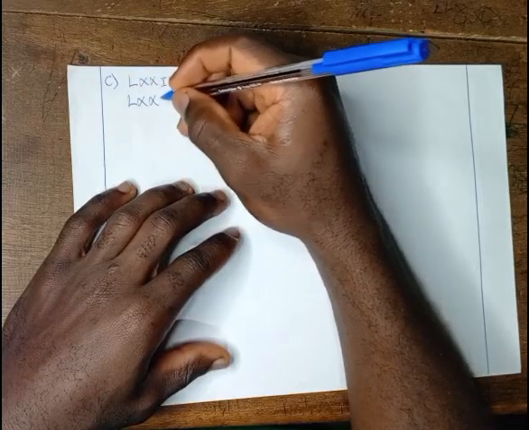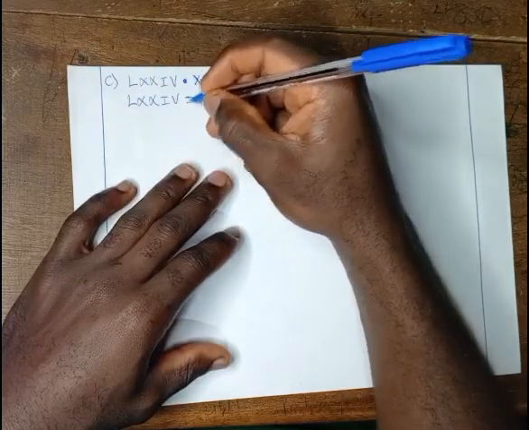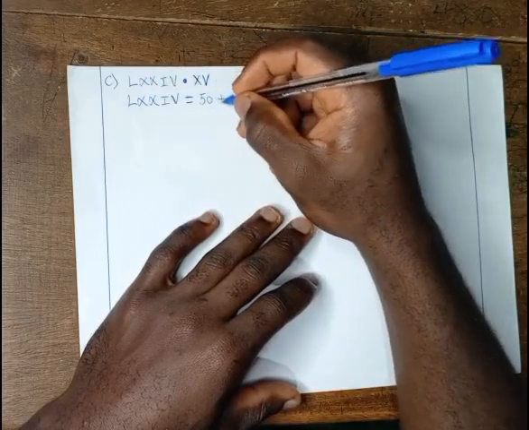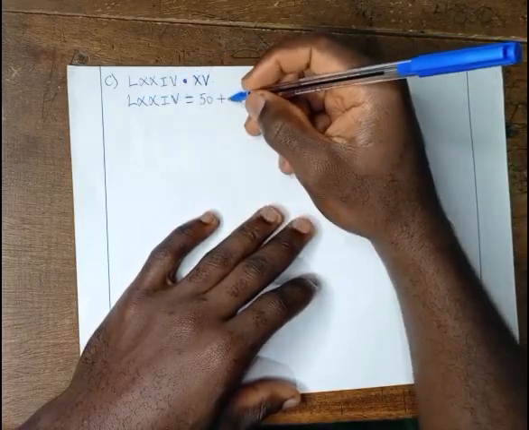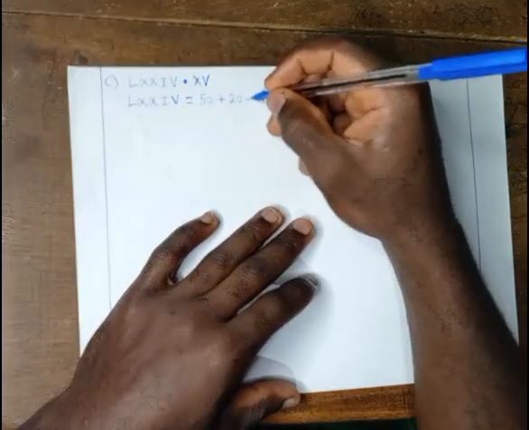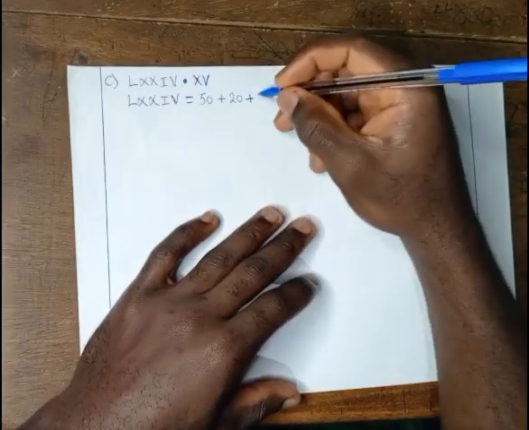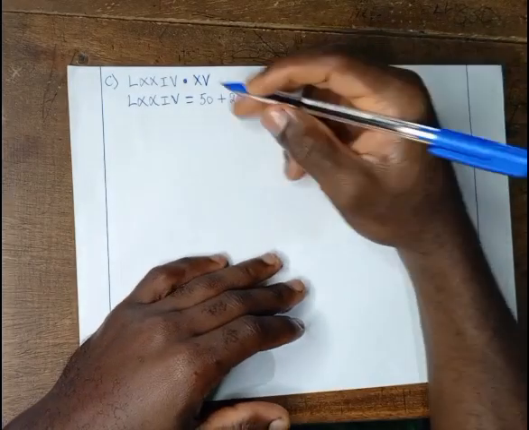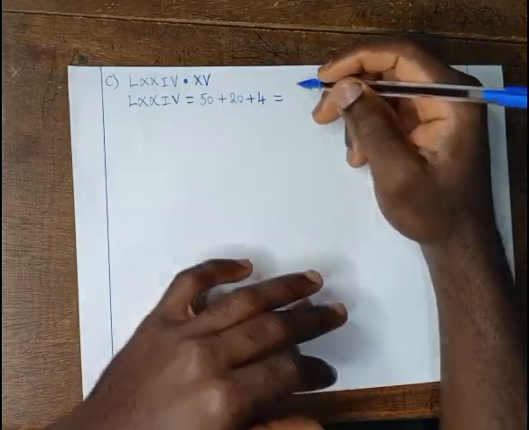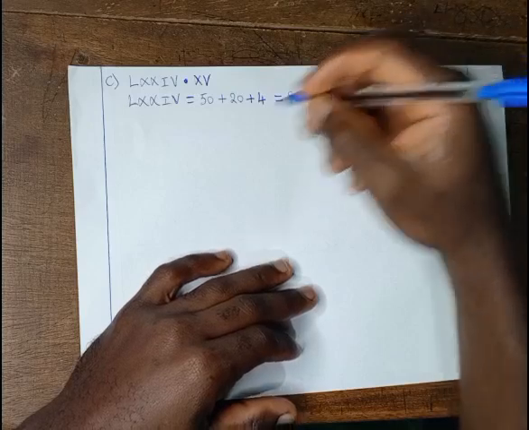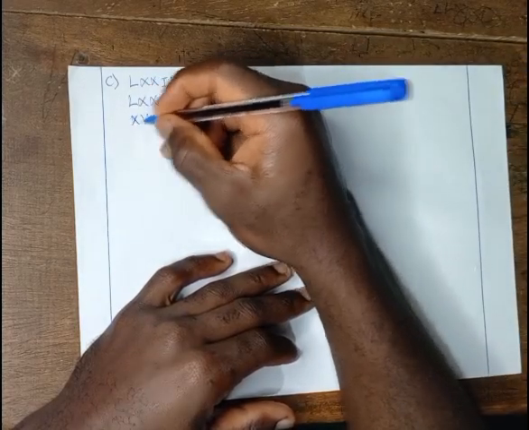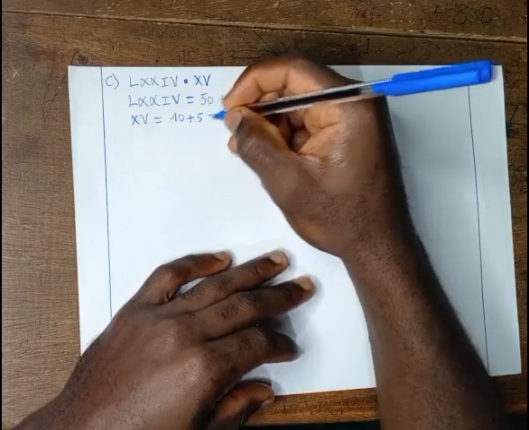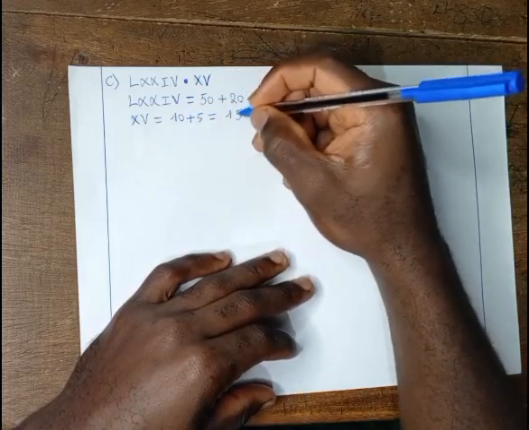LXXIV is simply equal to, L represents the number 50, plus XX represents the number 20, plus IV, which represents the number 4. So if we add, 50 plus 20 gives us 70, plus 4 gives 74. Take XV, we know X represents the number 10 plus V, which represents the number 5. So this will give us 15.